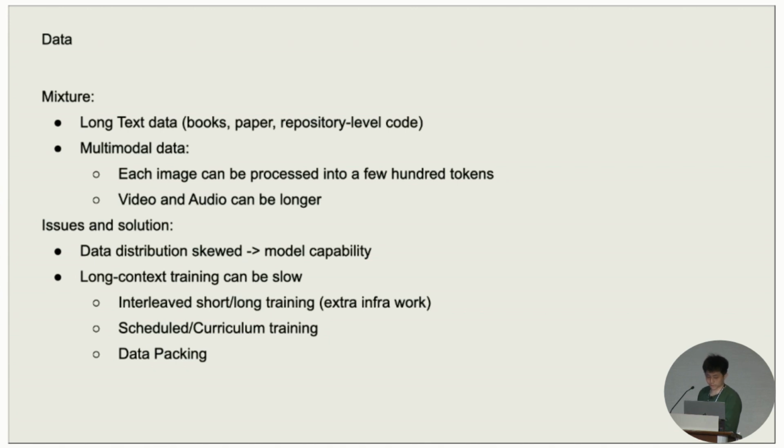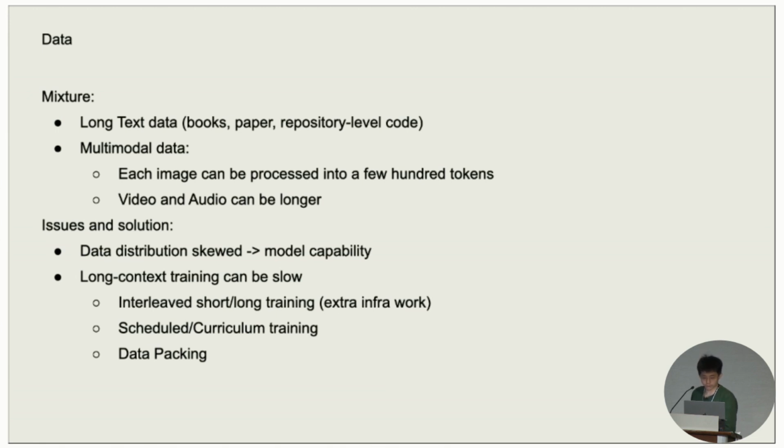Also, long context training can be slow, because even if you use ring attention or flash attention or any of the kernel optimizations, in the end you still need to compute the n squared attention matrix. So long context training is always slower than short context pre-training.